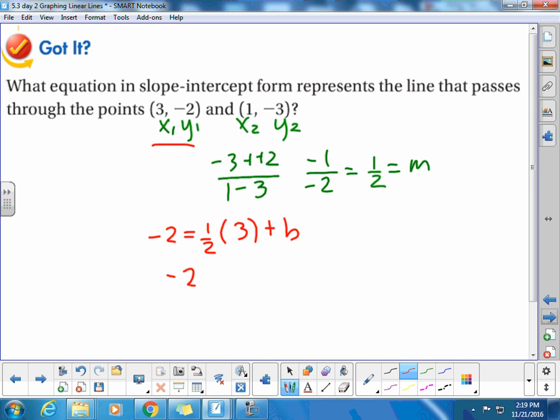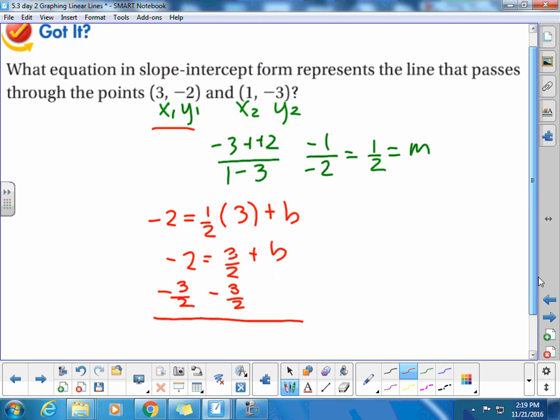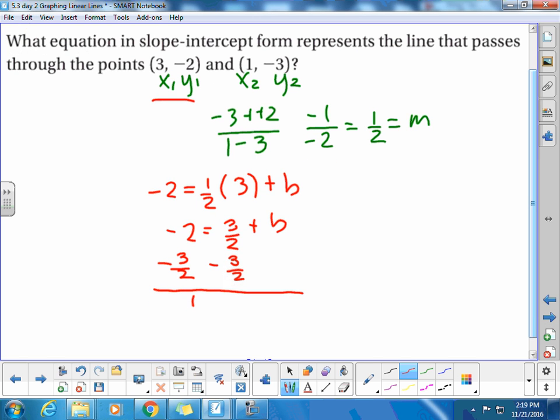Negative 2 equals 1/2 times 3, just 3/2, plus b. I need to get b by itself, minus 3/2 minus 3/2.